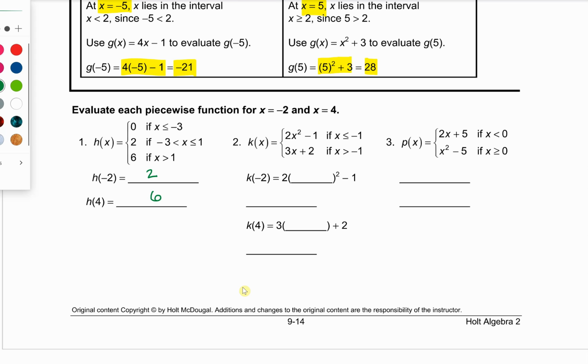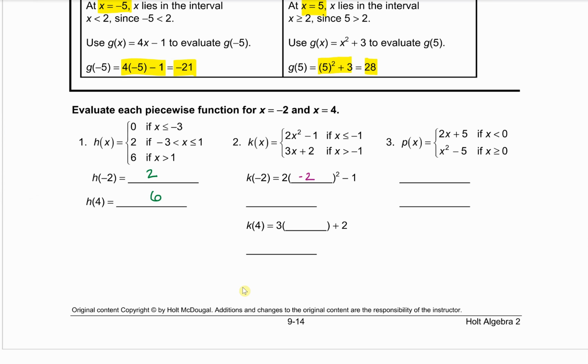If we look at number 2 here, we've got 2x squared minus 1 for values less than or equal to negative 1, and 3x plus 2 for values greater than negative 1. So at negative 2, that's less than negative 1, so I'm going to evaluate using the top equation, the 2x squared minus 1.